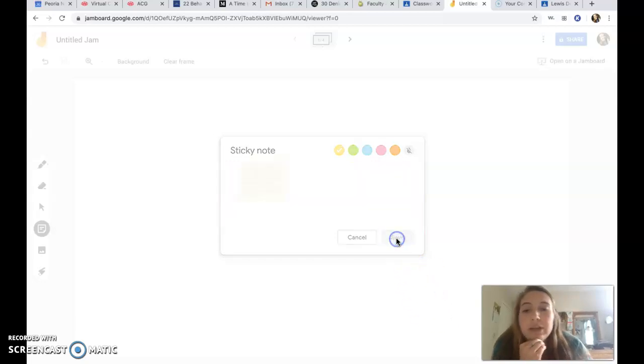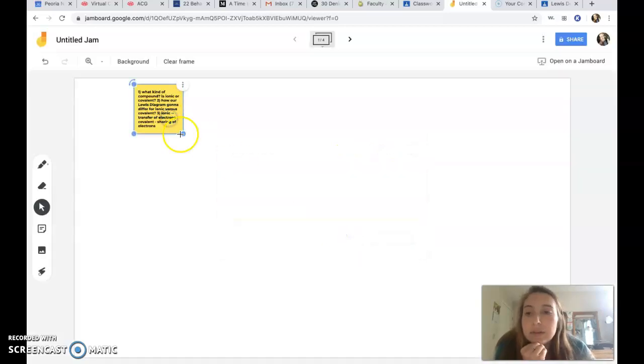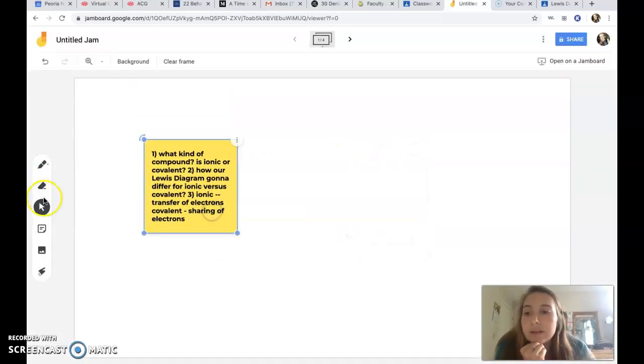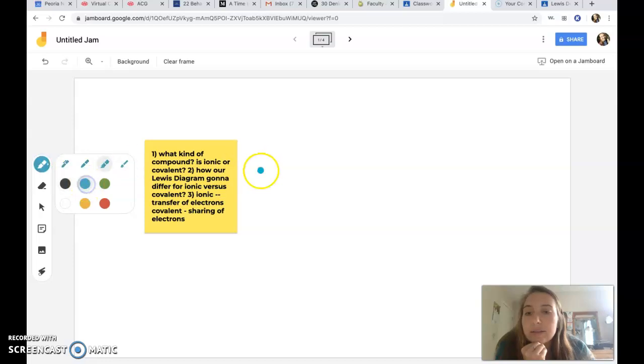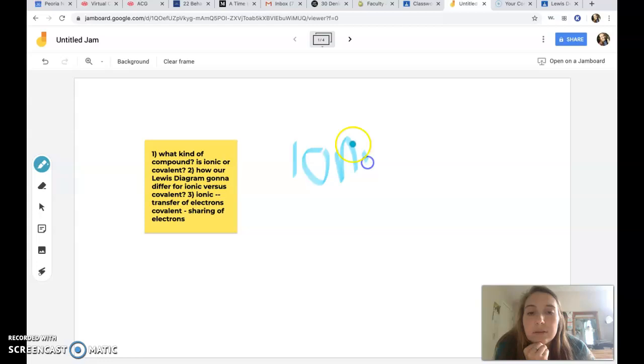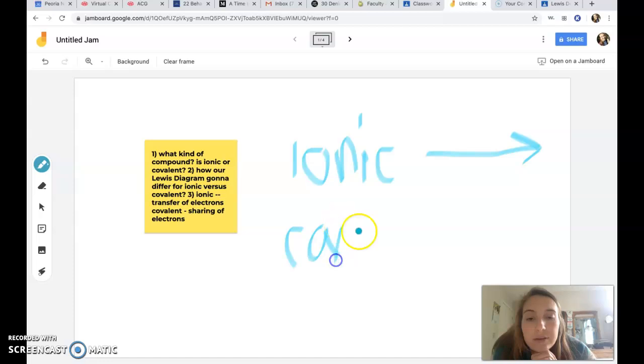So we're going to show that in a couple different ways. For ionic, we use an arrow to show the movement of electrons. For covalent, we use a line to show the sharing of electrons. So make sure you're being consistent in how you're drawing your arrows.